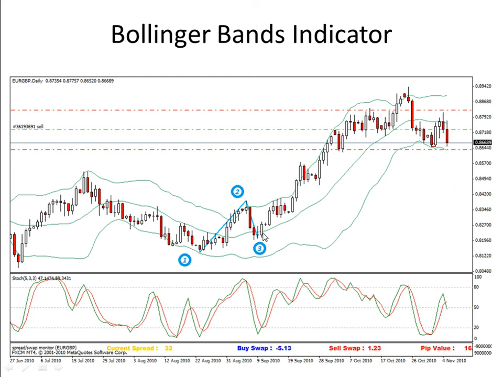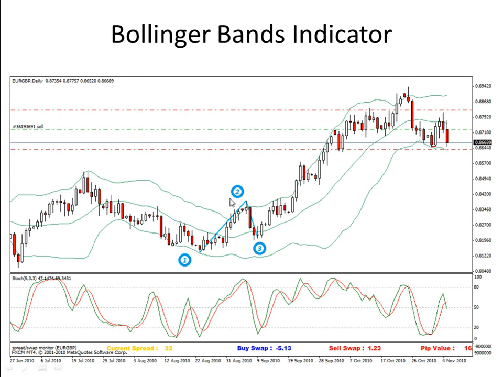Since a doji is formed, and moreover this is a 1 2 3 pattern, you can say that an uptrend is going to form. So you can use this technique to find out whether there will be any trend forming soon or not.